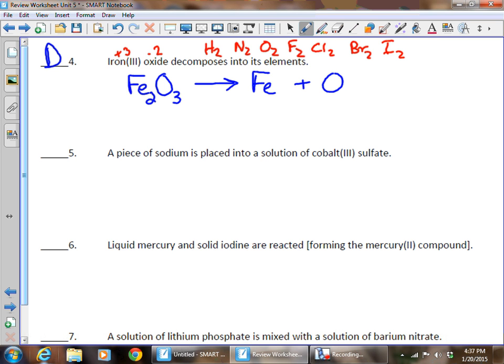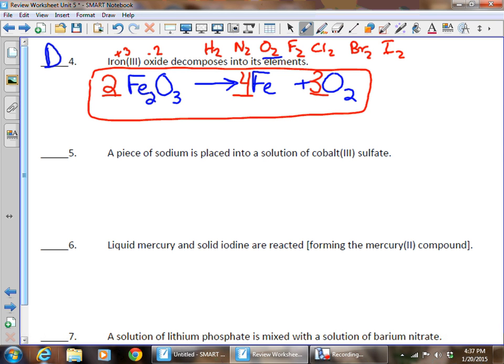Iron is not in the list, so we don't put a 2 after it, but oxygen is right there. So O2. So all that's left to do now is to balance. Looks like we need a 2 in front of the oxygen here and a 3 here to get 6 oxygens on both sides, and a 4 here to get our ions balanced. So there's that reaction.